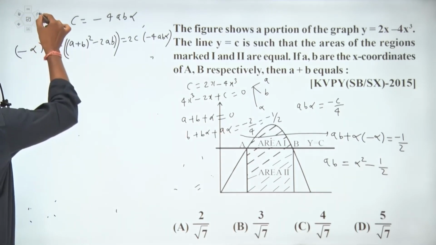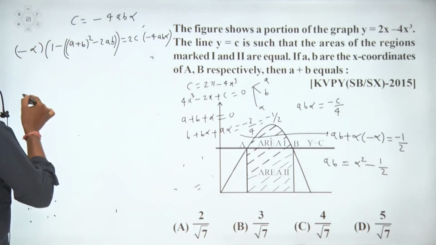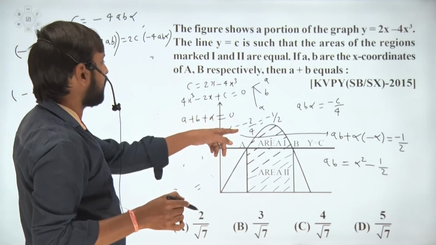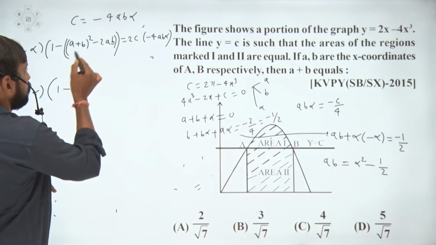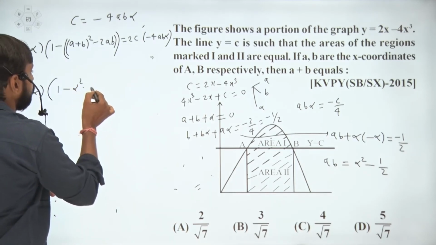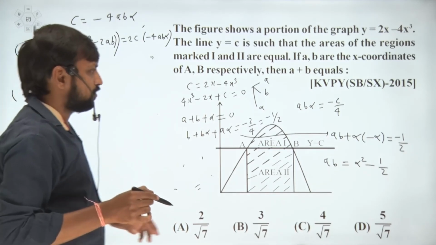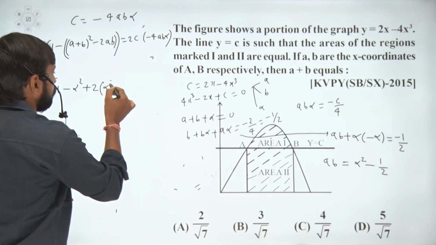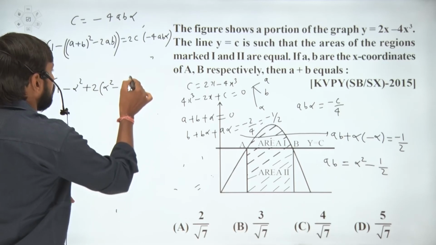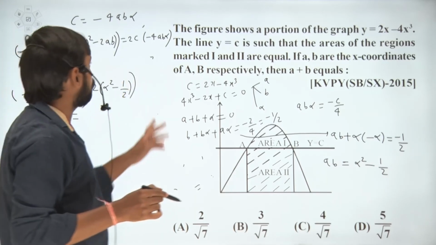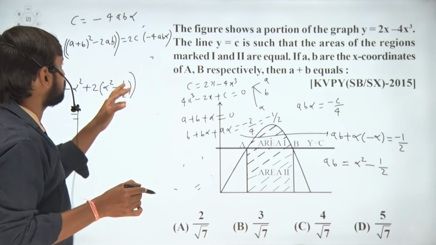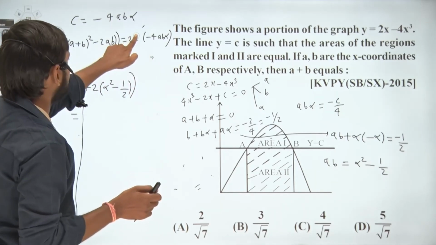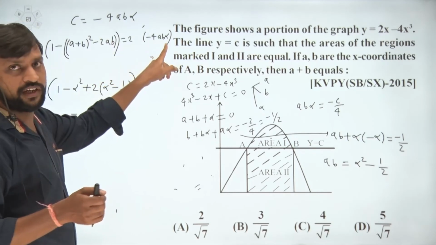So minus alpha into (1 minus (a plus b) square), and a plus b is minus alpha, so that will become minus alpha square, then plus 2 times ab. So the value of ab is alpha square minus 1 by 2. Now that will be equal to 2 times c, and the value of c is minus 4 ab alpha.